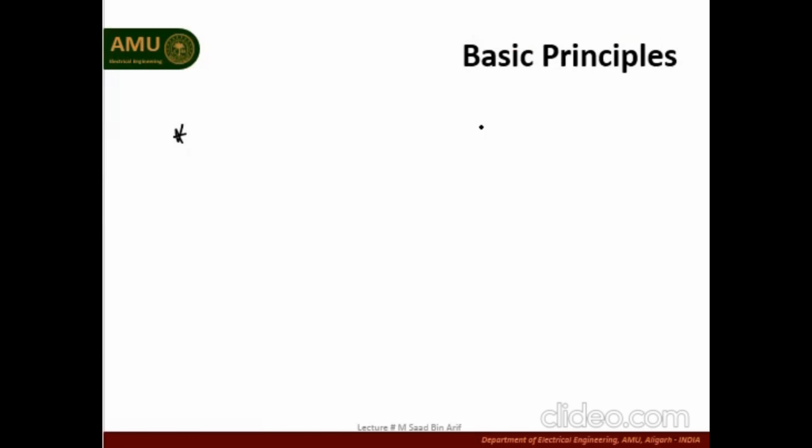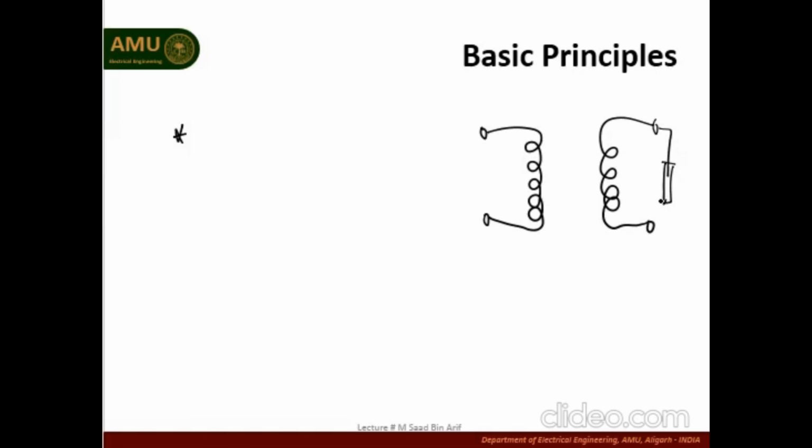As you know, power is basically voltage into current, and if we somehow are able to induce the voltage in the other circuit, and if we complete this circuit by the load, then you will find that current starts flowing in this circuit. If we have voltage over here, then we start getting a power over here. It means the transfer of power will take place.